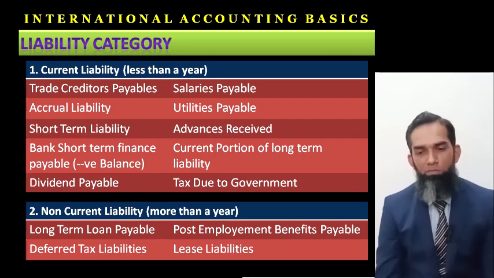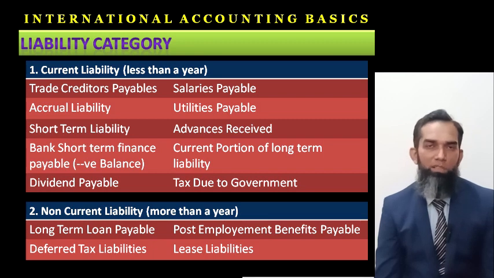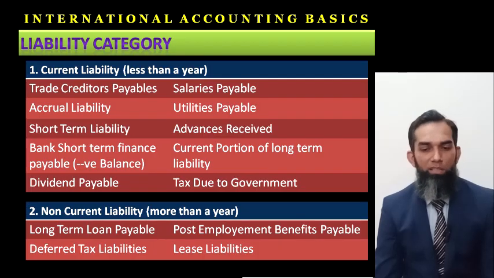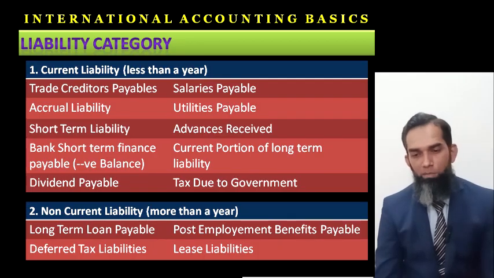Advances received from a customer: if the customer has paid in advance to the company so that the company may prepare some goods for the customer, definitely that amount is also a liability for the company. If they don't prepare the goods for the customer, that amount received by the company will be classified as advance received from the customer.